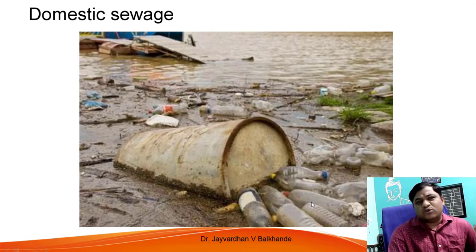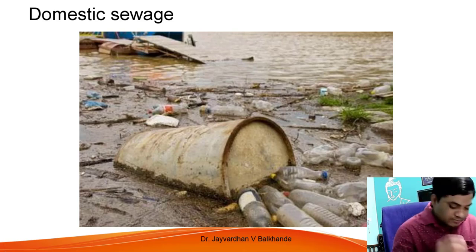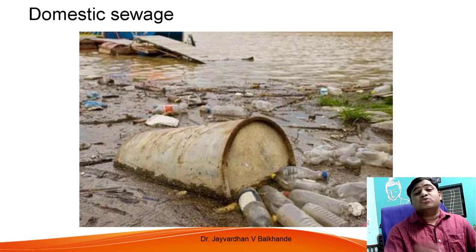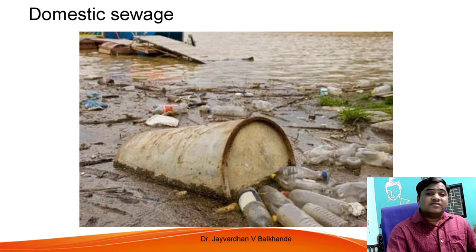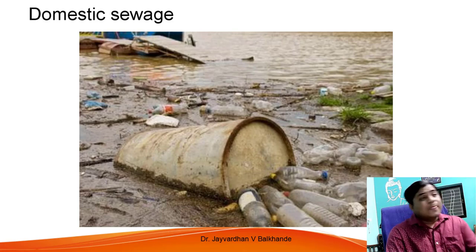Here the plastic bottles and the thermocol are present. These are household materials we have just thrown away in our drainage pipe, and by the current of this drainage, it reaches the river water and affects the rivers.